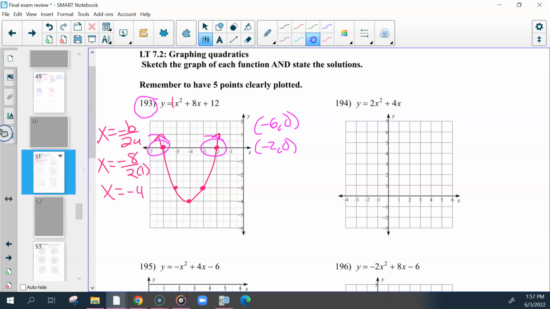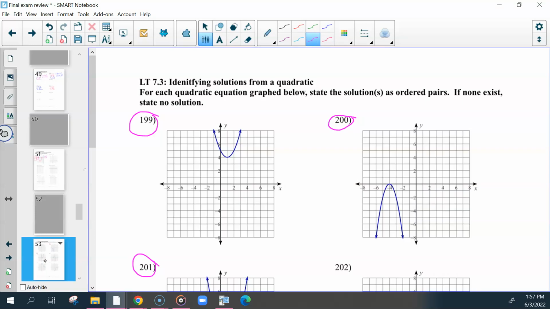So this next page will be the last one we do today. This is just you're given a graph, state the solutions. So for this one, this does not cross your x-axis at all, so this would be no solution.